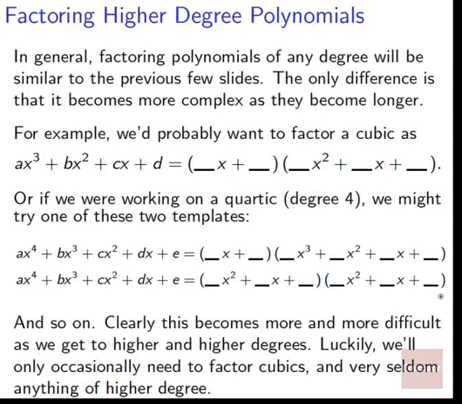The higher the degree of a polynomial, the more complicated our template's going to have to be, the more choices we are going to have, the more difficult it's going to be to do this. Luckily, we're only occasionally going to need to factor cubics, things where it's degree 3, and we're very, very seldom going to see anything of higher degree, so don't worry too much about having really difficult ones, but just be aware that factoring really large, high-degree polynomials can actually be pretty difficult to do.